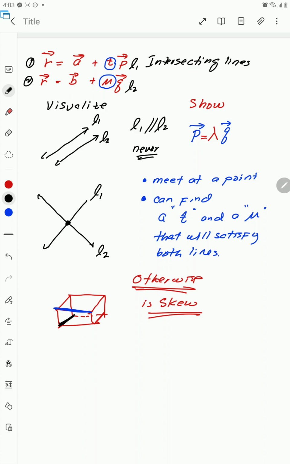They will never intersect. Therefore, they are skew. Because no matter what you do, whether you extend the line, they will never intersect.